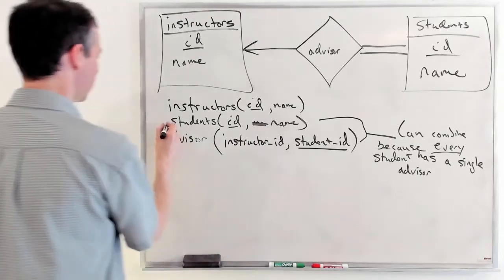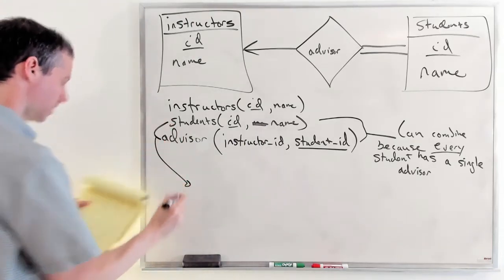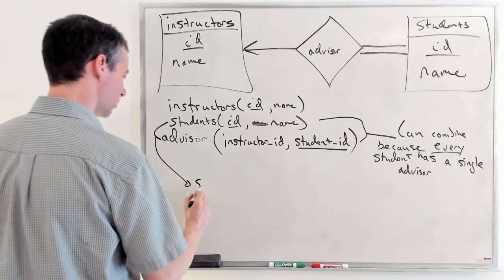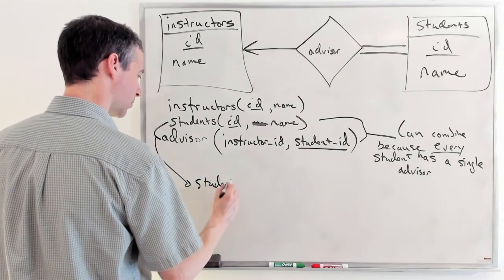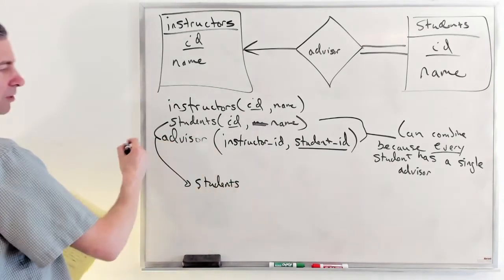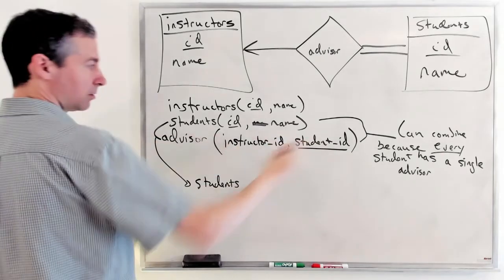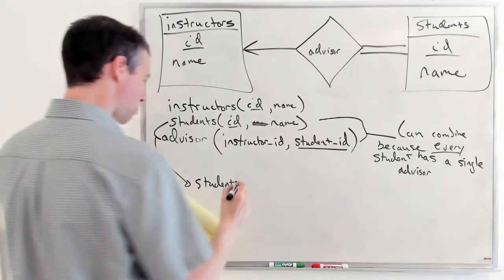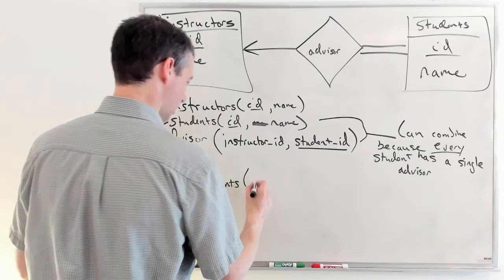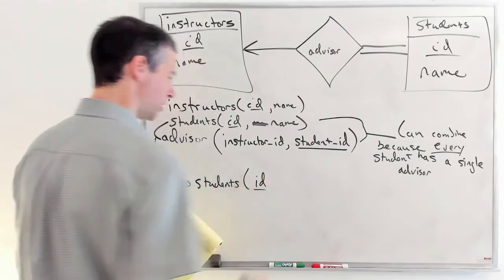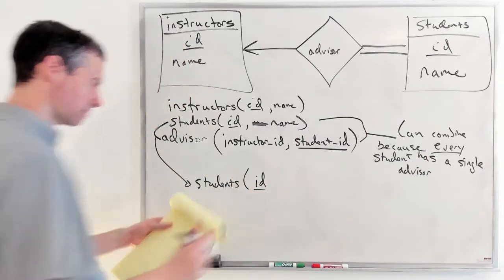So we take these guys and we write out so that we get a new students table, and we're going to get rid of the advisor table, the advisor schema. So students still going to have a primary key of the student ID.